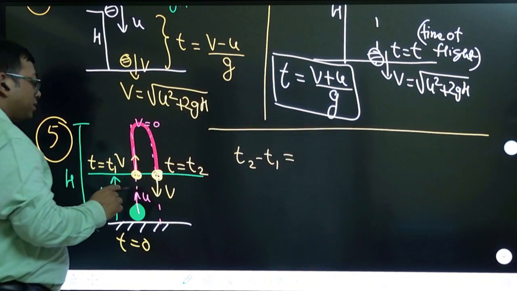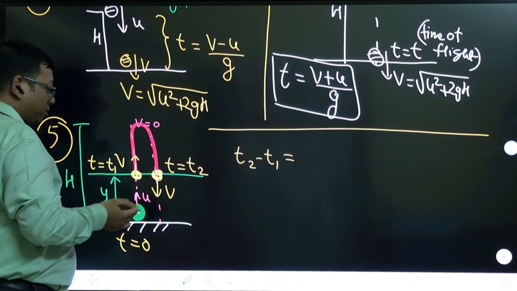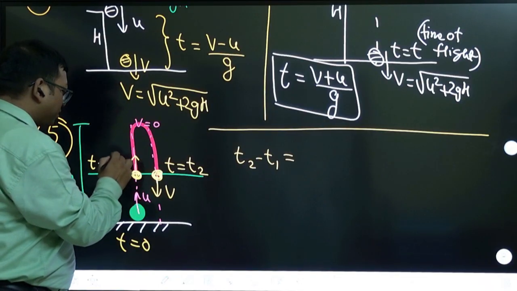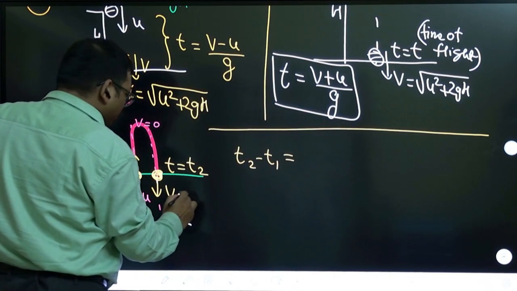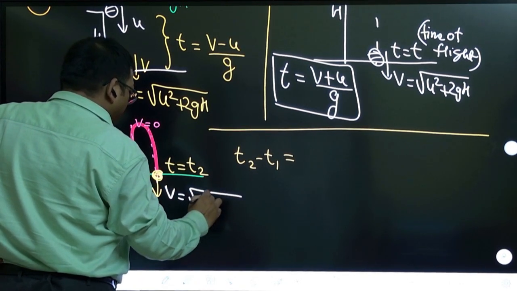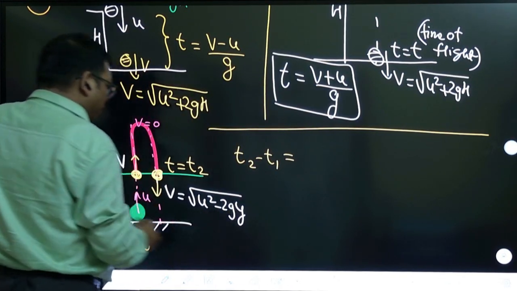How will you calculate this? This is the time of flight from this level. The only thing is that you need to know what v is. And note here at this level, this speed v is given as root under u square minus 2gh, where h means this y at this level.